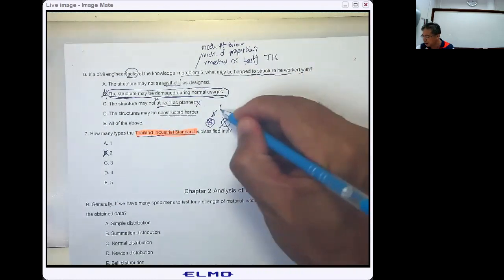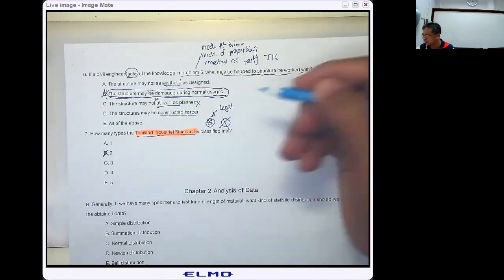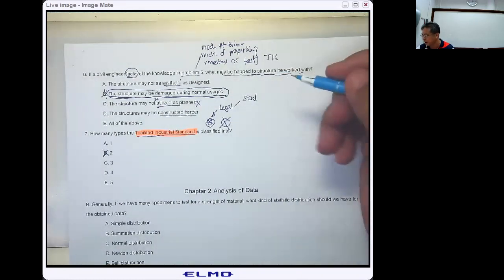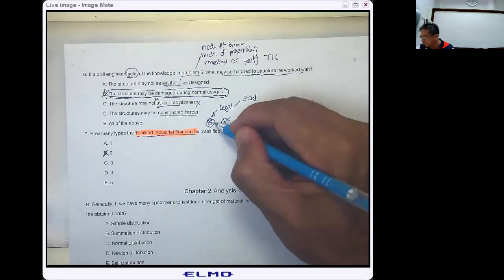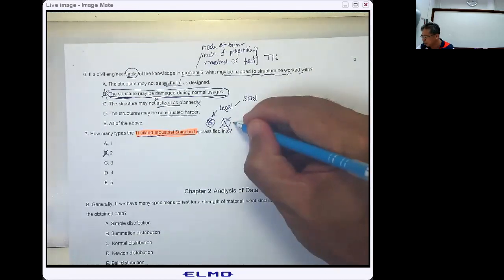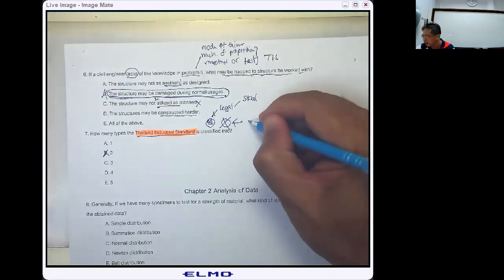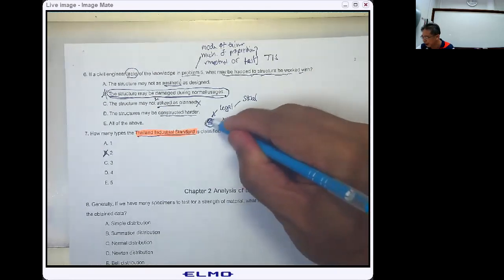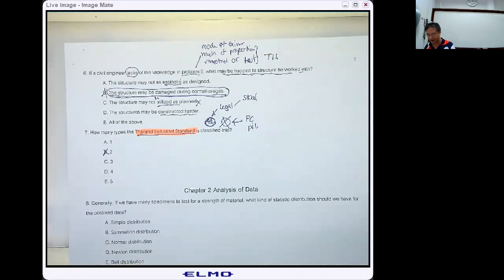This one is legal, such as when you produce steel, you are going to follow the TIS. But for some construction products, such as the pre-stressed concrete pipe, you don't need to have the one with the circle around it. Okay, just have the symbol of it.